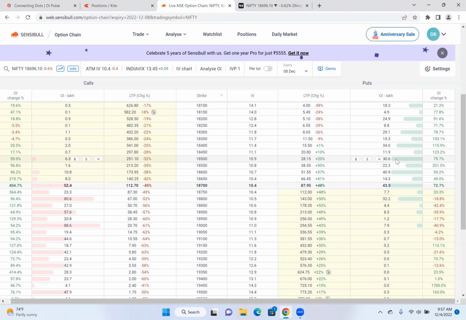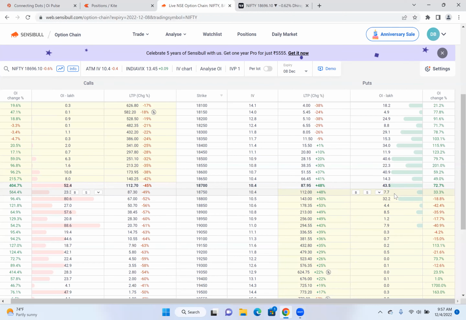Is that making sense? Just by looking at this chain. Yes. Now, you will also see that at 50 strike, the open interest is typically, I mean, it all depends upon the volumes, right? In the case of options, volume doesn't matter so much. Volume matters, I will come to that.